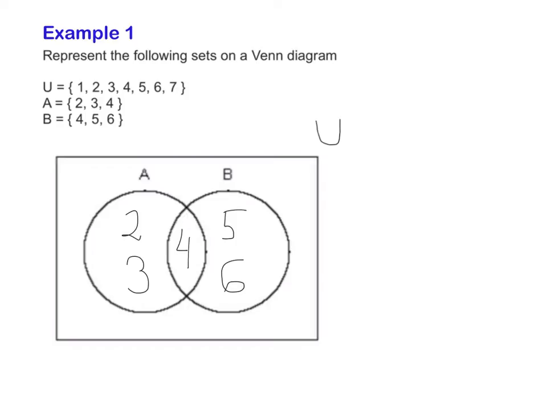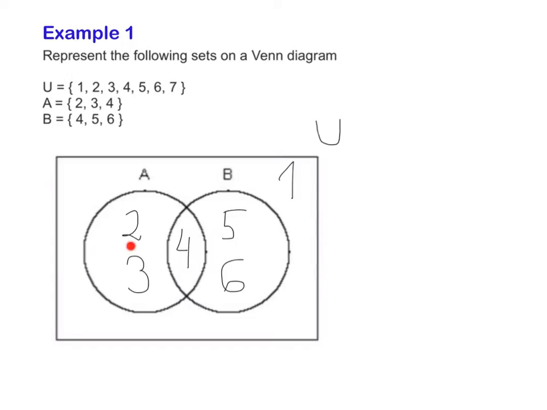And then we need to look at set U, universe. Set U contains all elements, so we used 2, 3, 4, 5, 6 already, so what's left? 1. It's outside A and B, but it's still in universe.